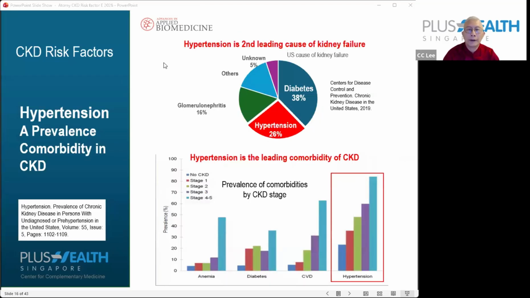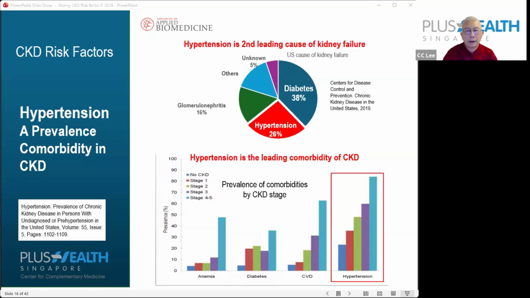So in here, you can see that, as we mentioned earlier, hypertension is the second leading cause of kidney failure. We had a chart earlier which shows the same, right? Now, if you look at the comorbidities of CKD, comparing cardiovascular disease, diabetes, and anemia, regardless of the stage of CKD, from stage 1 to stage 4 to 5, hypertension has the highest prevalence rate of comorbidity.